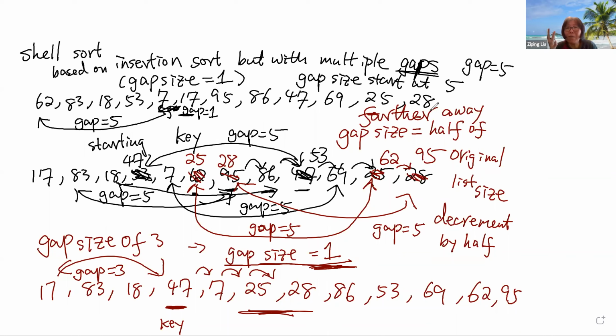And all the above discussed sorting algorithms are basically iterative. So next, the next sorting algorithm, I will need to use a different set of numbers to explain.